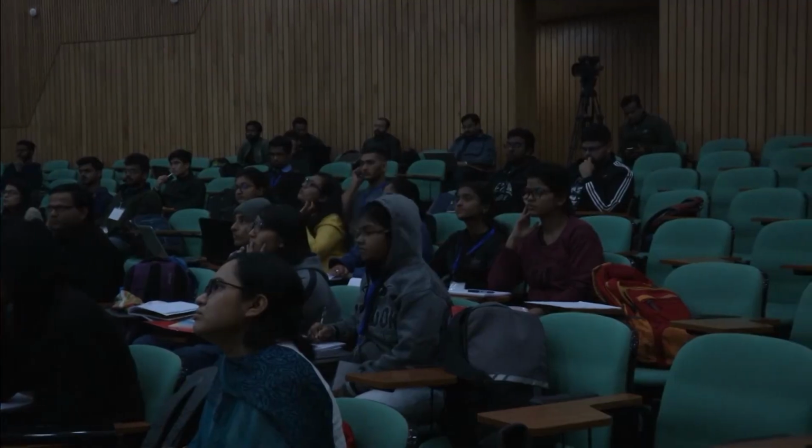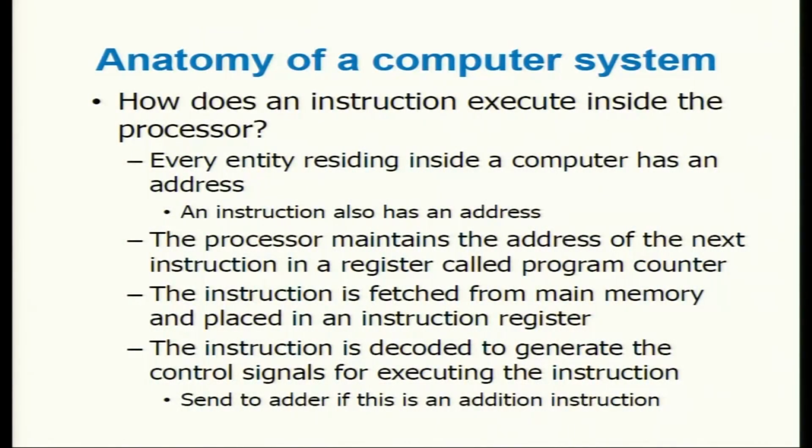So the first thing that we'll try to understand is how does an instruction execute inside the processor. Now, every entity residing inside a computer has an address. That's extremely important to understand. So an instruction also has an address, and the processor maintains the address of the next instruction in a register called program counter. That's the name given to this particular location where this address is stored.